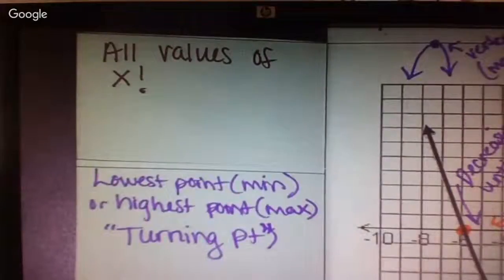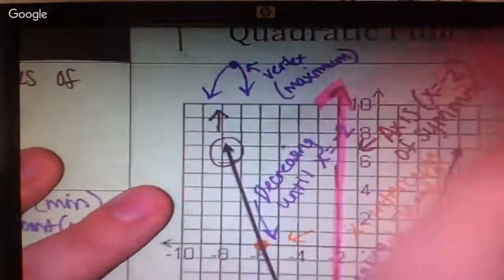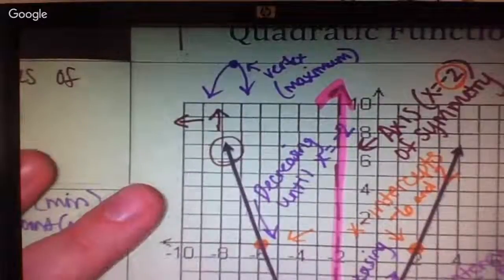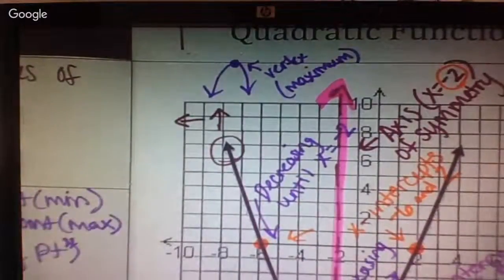So, this end of my parabola is going up and to the left and never ever stopping. Because that arrow's there. If I would continue to graph this, it's going to keep going like this and just go out and to the left and never stop.